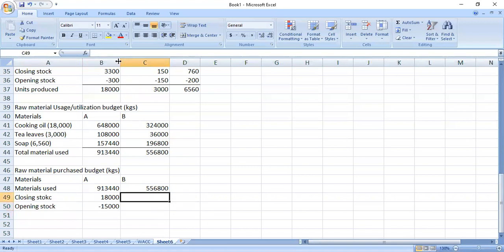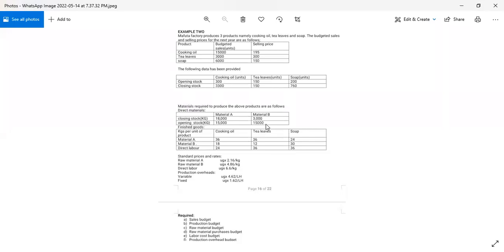Then closing stock for material B is 3,000. Then opening is 15.